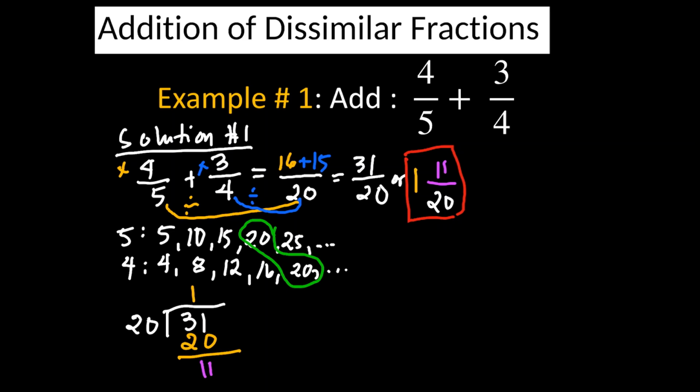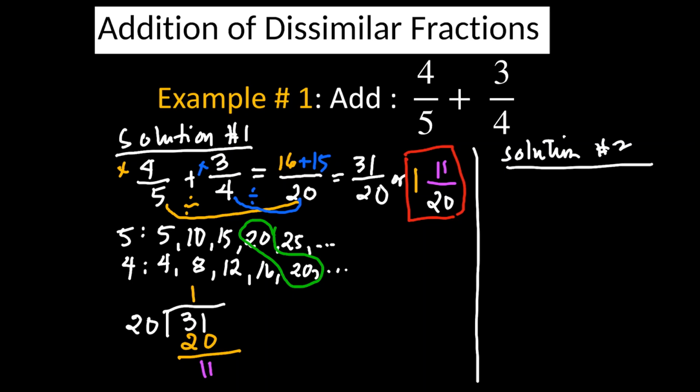Now another solution that I'm going to show you is so far the quickest one. Let me label that as solution number 2. So we copy first 4/5 plus 3/4.